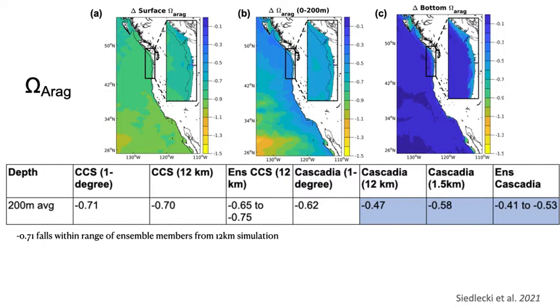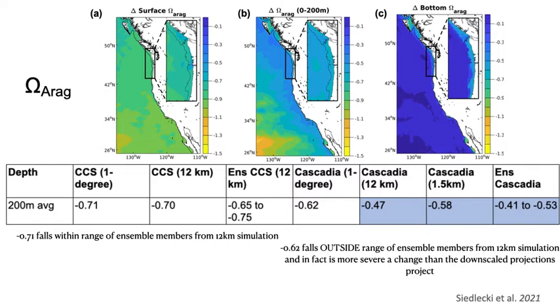We see that it is outside of the range, and so in this case the carbon variable experienced modification by the downscaled simulations. The projected conditions are different than what the CMIP5 model projects, and in this case it's less severe. That 0.62 falls outside the range of the ensemble. So that means that modification actually is dampening that global change, right?